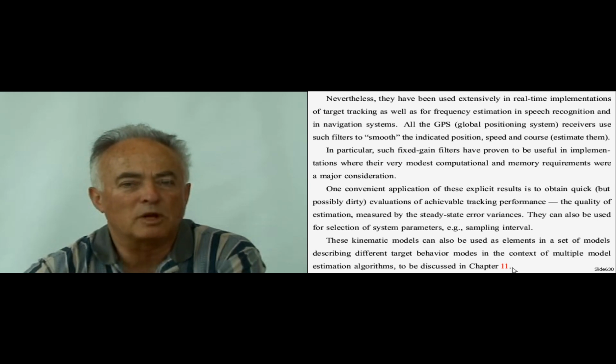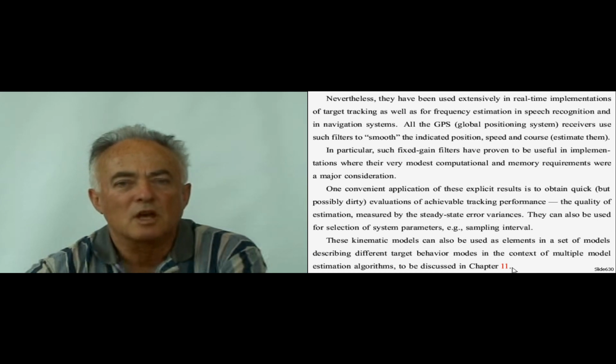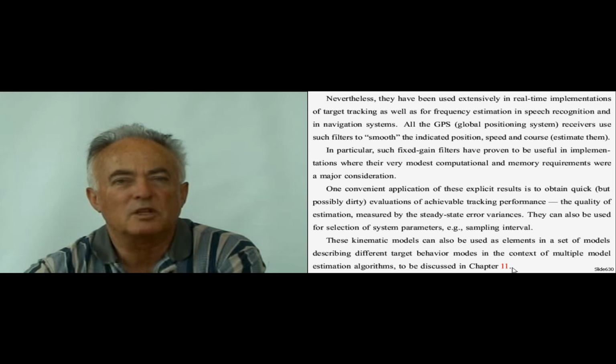One more comment. While I indicated that these filters are about from the mid-1950s, it should be remembered that they predate the Kalman filter, which was published in 1960. The original alpha-beta filter were obtained using purely heuristic arguments, looked like they are a good idea. They were analyzed from the point of view of control systems.